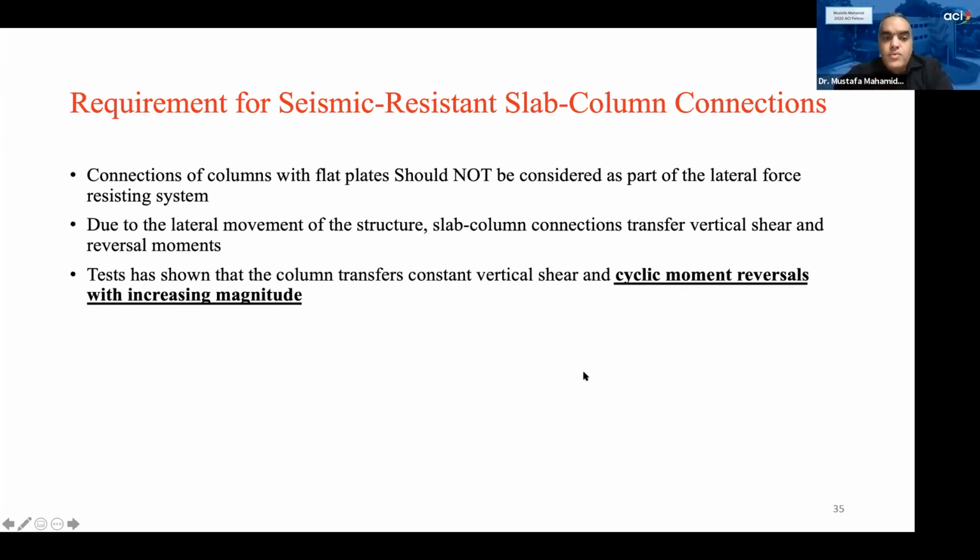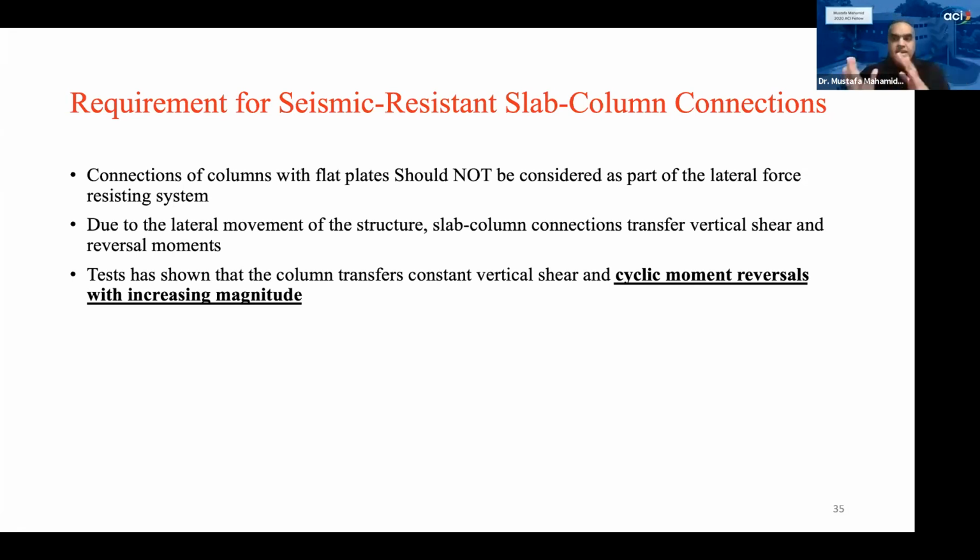Tests have shown that the column transfers constant vertical shear and cyclic moment reversals with increasing magnitude. The building will move back and forth, and then cracks will happen in the concrete.